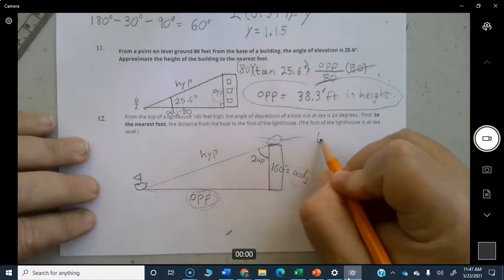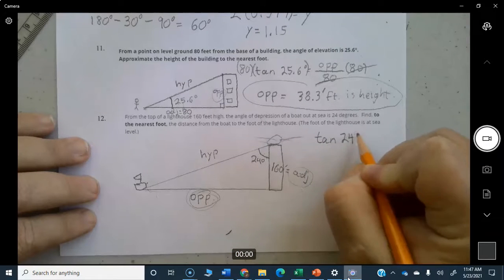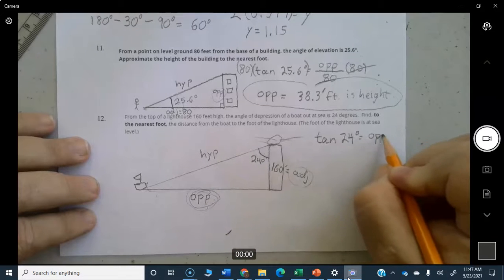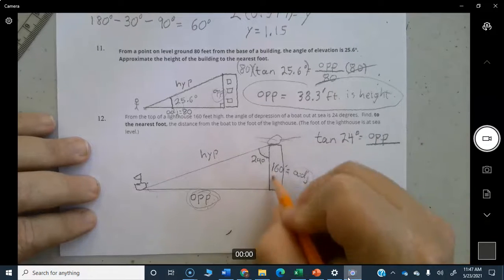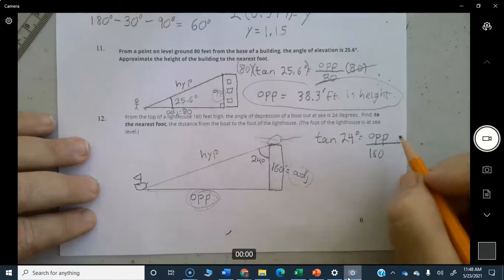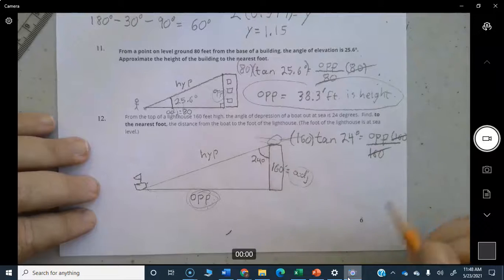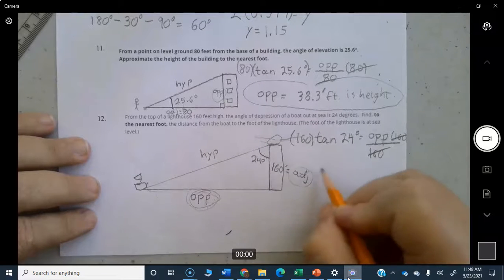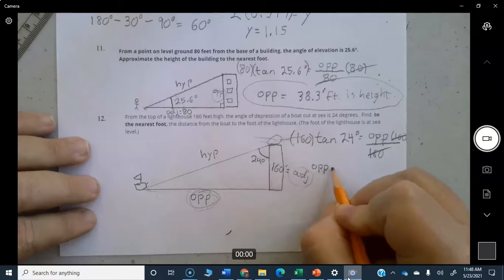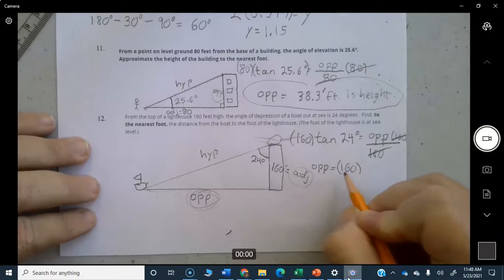So the tangent of 24 degrees equals opposite, that's what we're trying to find, over the adjacent, which is 160. So we're going to multiply both sides by 160. These cancel. And so down here, you have opposite equals 160 times the tangent of 24.